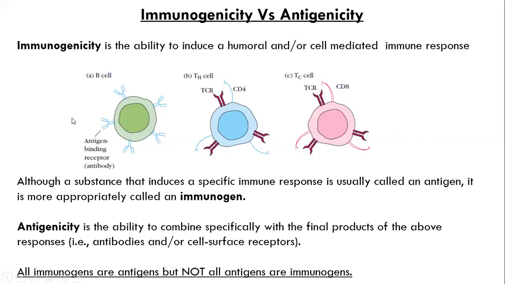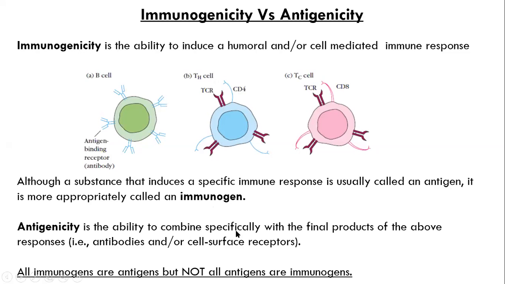But if it merely attaches to these cells and doesn't go to completion of any response, those molecules are called antigens and they have antigenicity but don't have immunogenicity. So look at the abbreviation here. Immunogenicity is the immune response. Although a substance that induces a specific immune response is usually called an antigen, it is called an immunogen if it does induce the immune response. If not, it is only called an antigen.